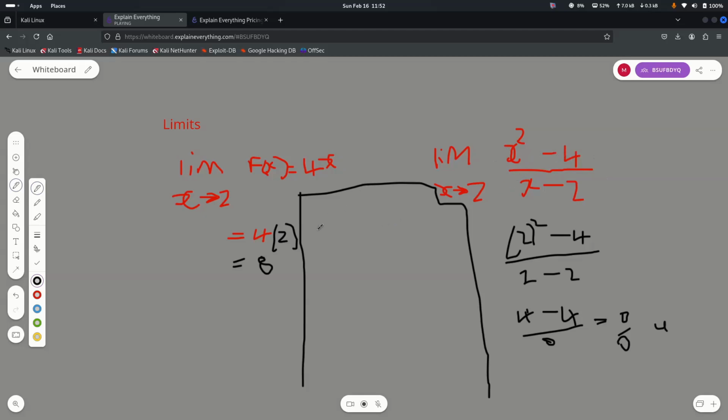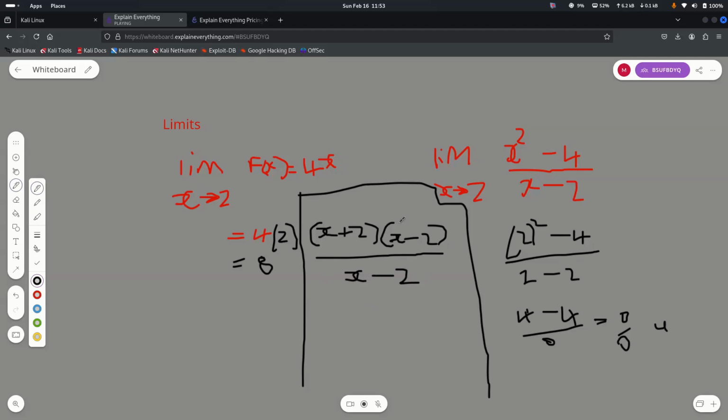If we want to factor this out, we get x plus 2 multiplied by x minus 2, all of this being divided by x minus 2, right?